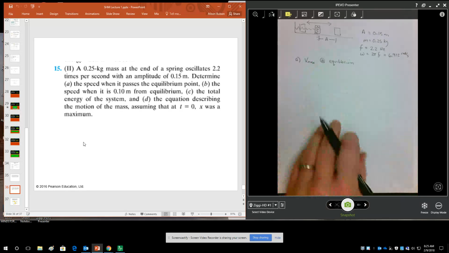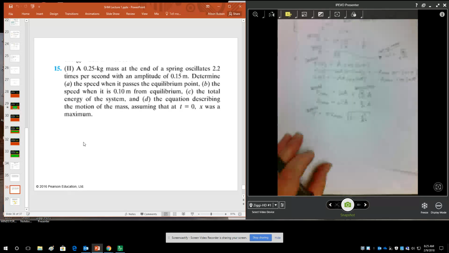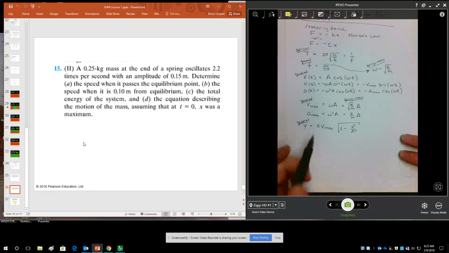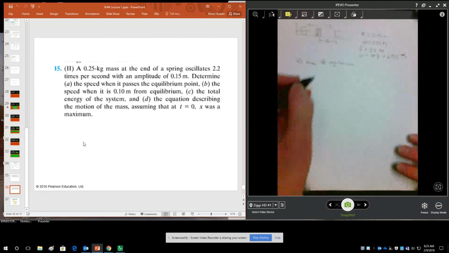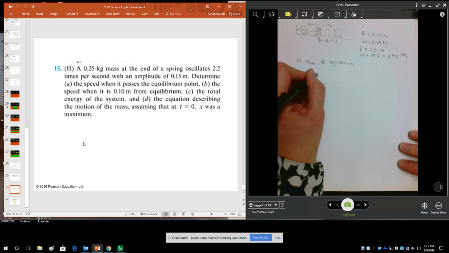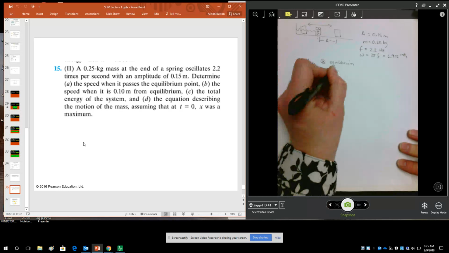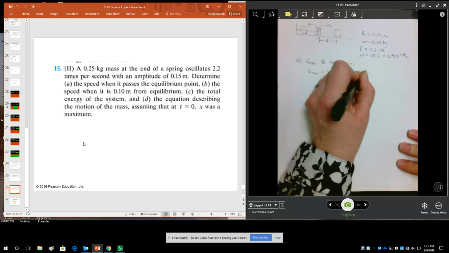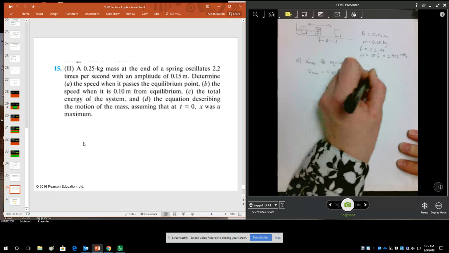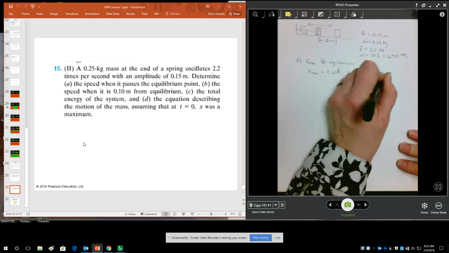And so again, back to my useful things for simple harmonic motion, I know always that maximum velocity is omega times amplitude. Okay, so that's not so bad. Vmax is plus or minus omega A, and I have now figured those out. 6.912 radians per second times 0.15 meters, right?